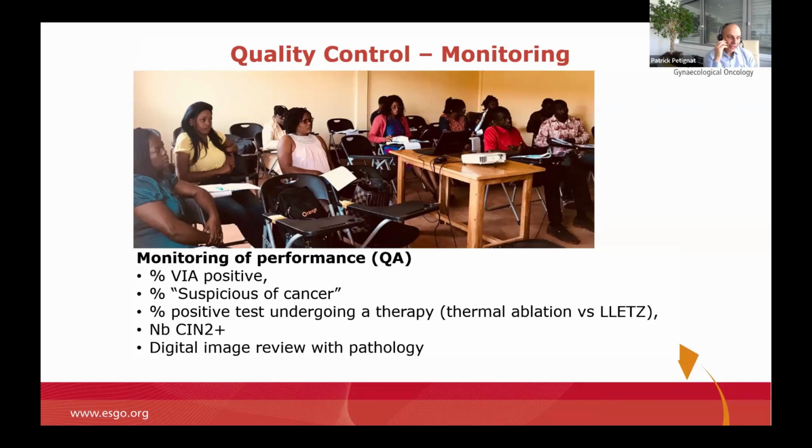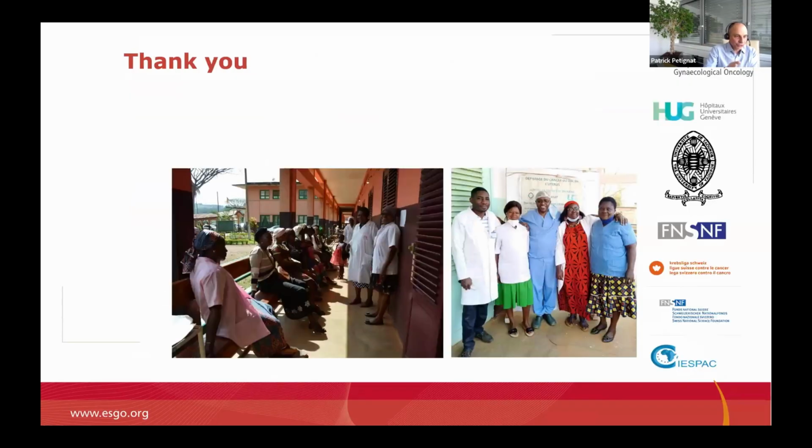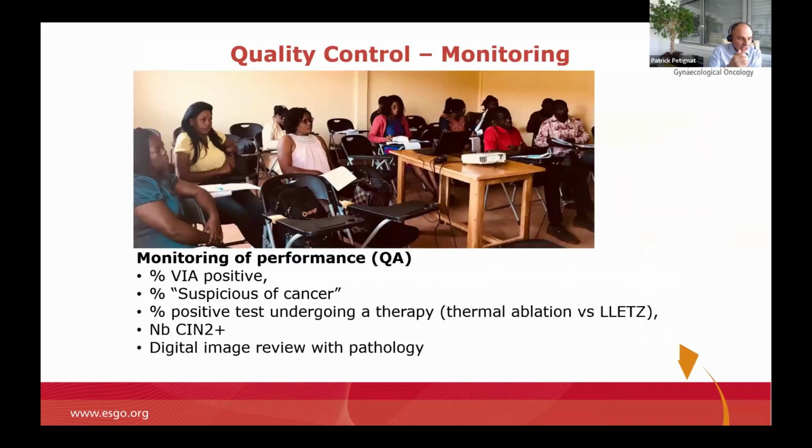We determine the VIA positive, suspicious of cancer, and we can discuss in the group why they have suspicion of cancer or not. And when we have the pathology and the number of CIN2, we can review with the group those who are positive and those who are negative.